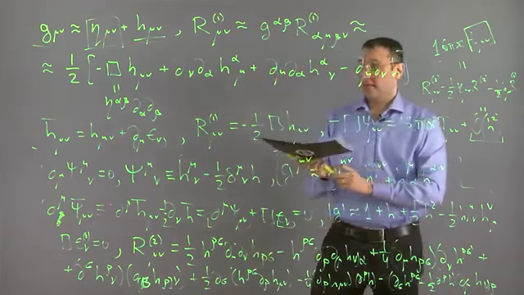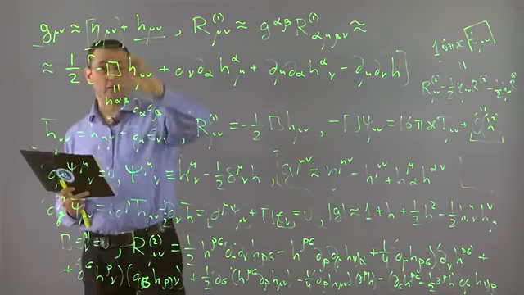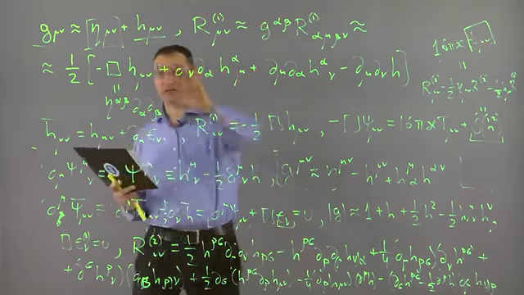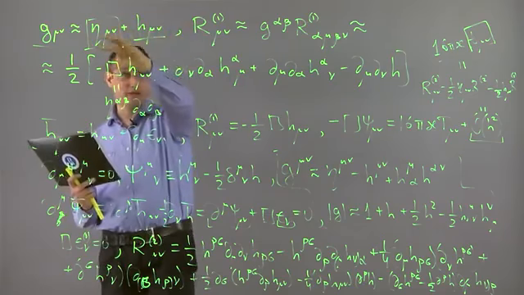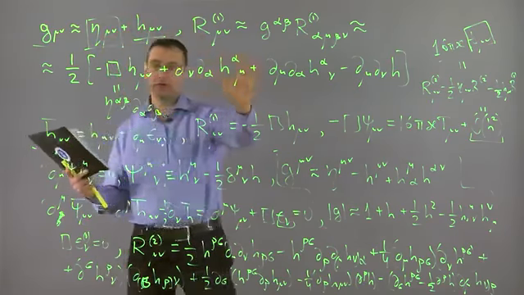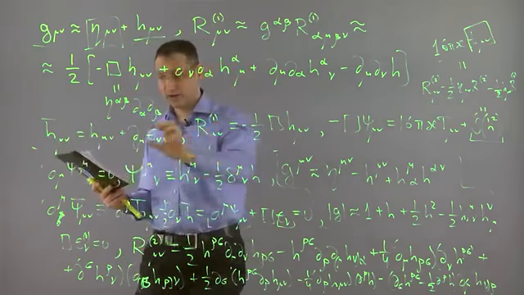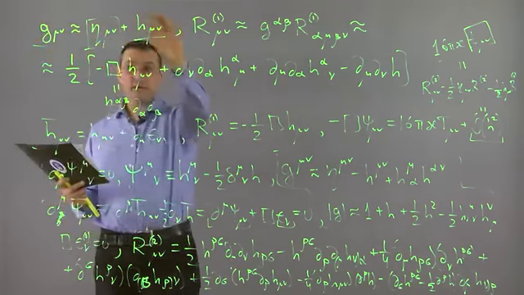But this separation of what is background and what is perturbations changes. If we have a coordinate transformation, these terms mix under arbitrary, not necessarily infinitesimal, not linearized, but generic transformation.